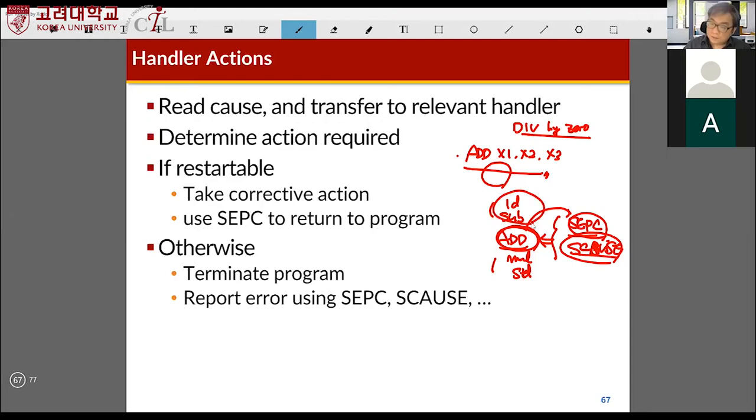And how about the other instructions? The processor needs to complete the preceding instructions, the former instructions of the instruction that caused the exception. Then how about the following instructions? Exception means that some error happens in the processor. So if an error happens, the following instructions may receive wrong or incorrect data.